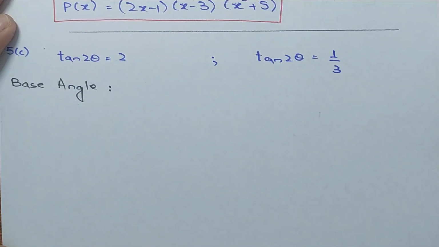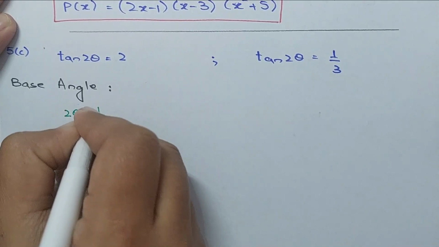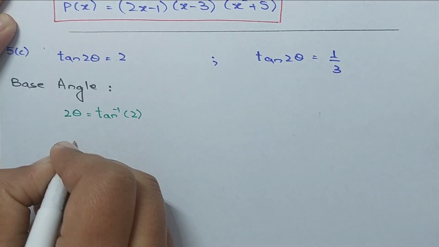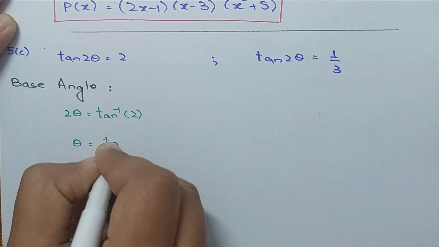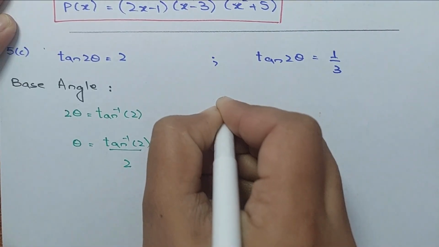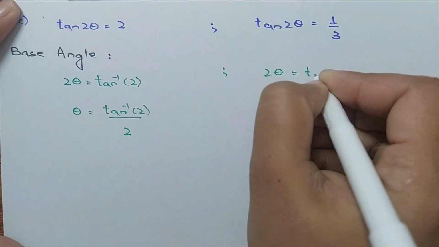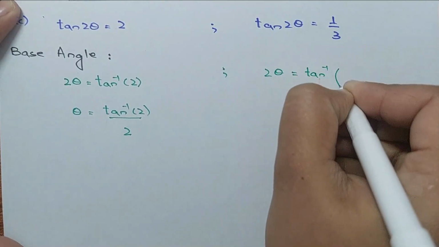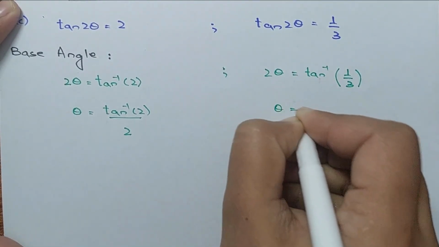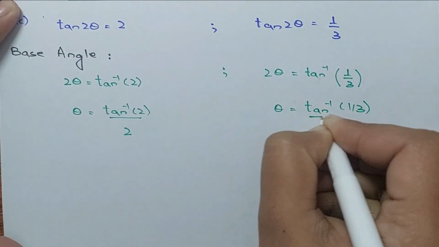So the base angles in both cases: 2 theta is tangent inverse of 2, and theta would be equal to tangent inverse of 2 divided by 2. On the other hand, 2 theta is tangent inverse of 1 over 3, and theta would be equal to tangent inverse of 1 by 3 divided by 2.